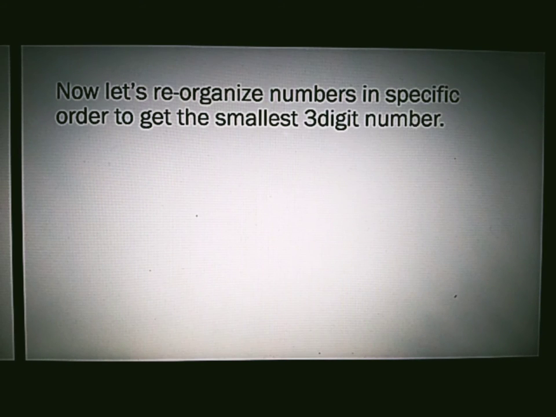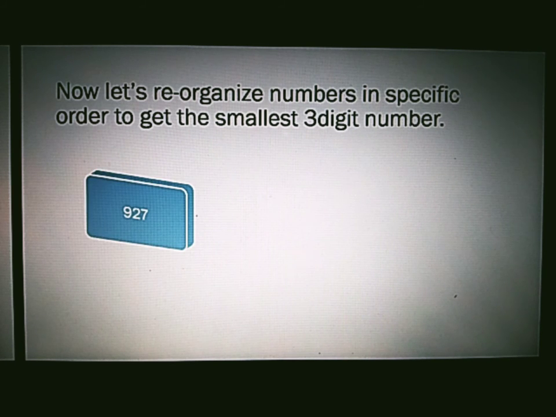Now let's reorganize numbers in specific order to get the smallest 3-digit number. One more example, 927. What we will have to do to create the smallest 3-digit number? First, we will write the smallest number here, that is 2.